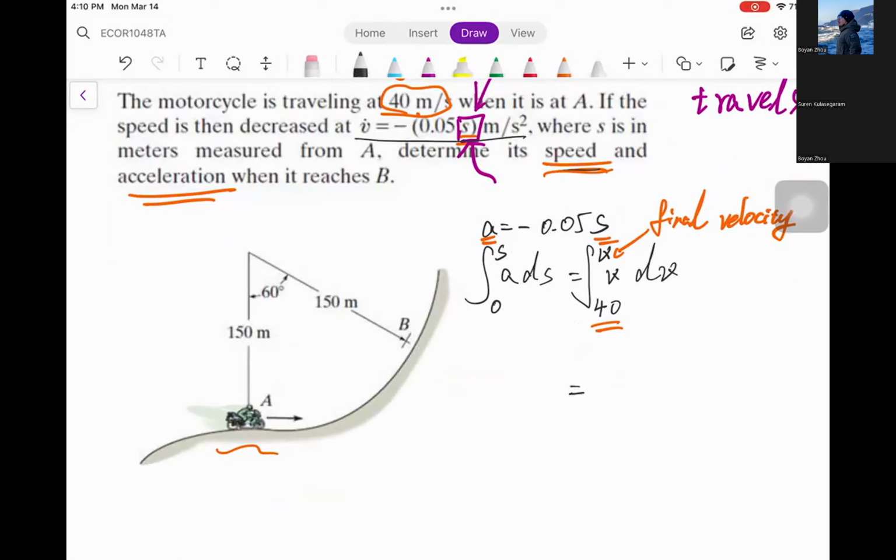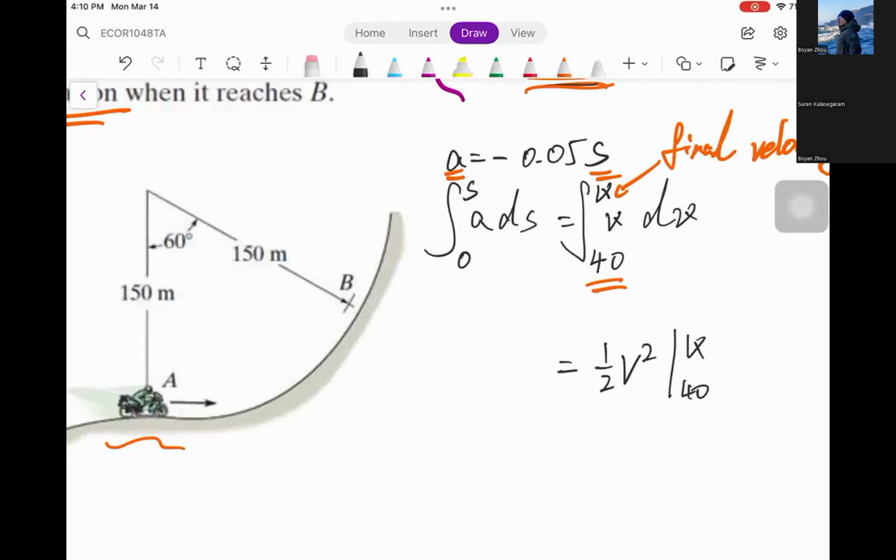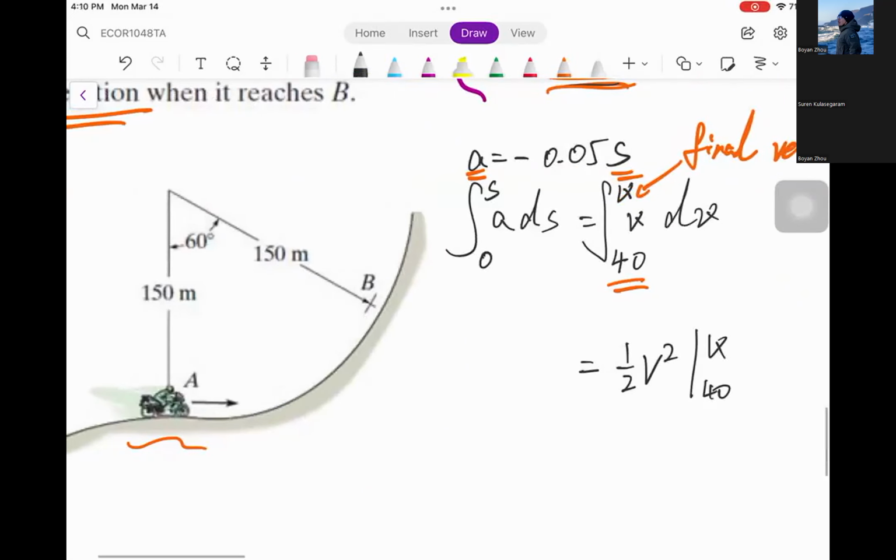And then we can simplify the equation. On the right-hand side, that is just half v squared, evaluating from 40 to v. And on the left-hand side, it's going to be from 0 to s. And you need to find out what s is for this curve.